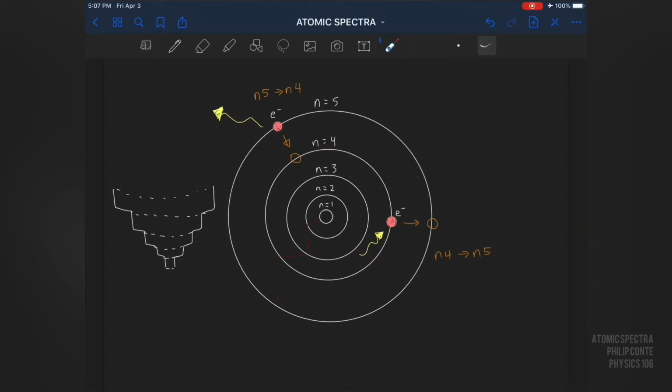We see that it moved from the lower energy shell to a higher one. You can see that I have labeled these shells N1, N2, N3, etc. N is the quantum number or relative energy state, 1 being the lowest.